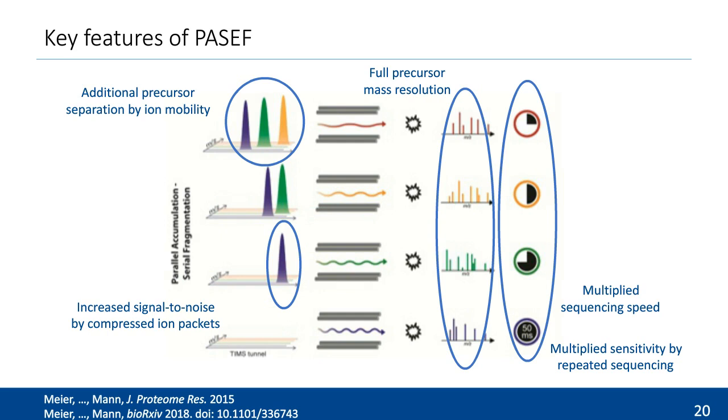Also, since we accumulate the ions, we compress the entire signal into narrow ion mobility peaks, which increases the signal-to-noise ratios. And by the TIMS separation, we get the full precursor mass resolution for the MS spectra. So there is no multiplexing. Spectra are nicely separated and can be separately read out and identified. And all of this happens with multiplied sequencing speed, which can partially be used to also increase the sensitivity.